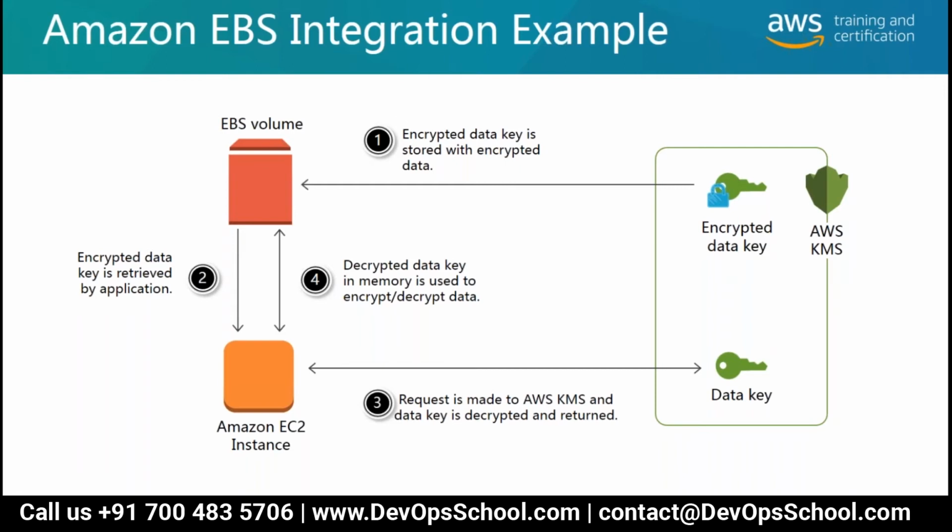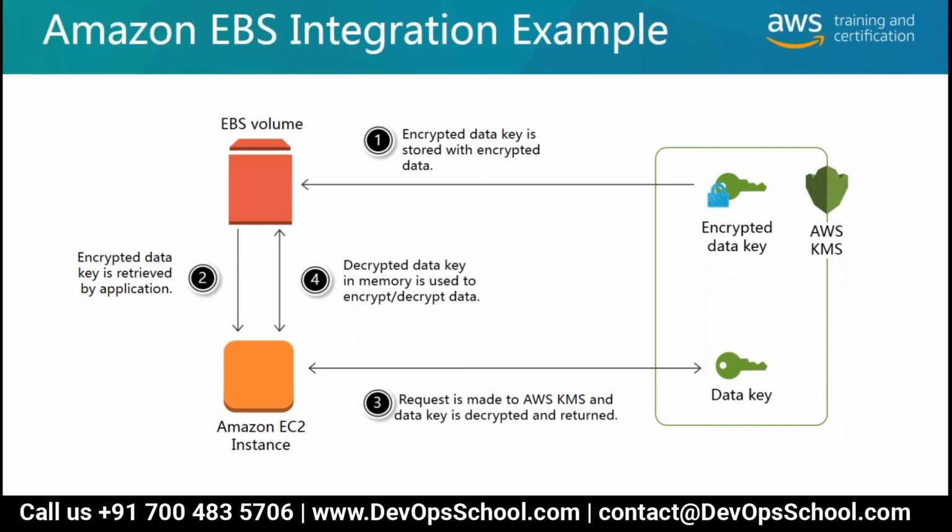It requires 256-bit keys. So the data is encrypted under the customer master key in your account. For Amazon EBS to encrypt a volume, it must have access to the KMS in the account. Okay, you provide the access to the KMS service.